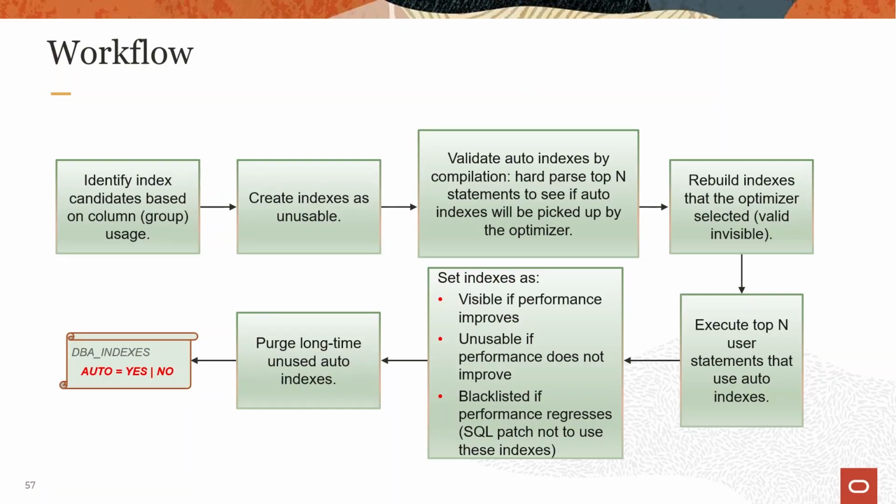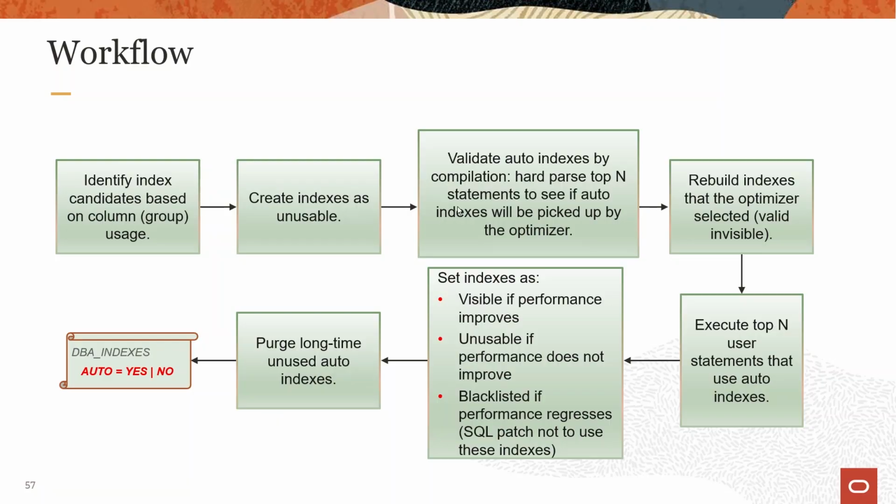It will then create indexes upon those columns that have been considered by the automatic indexing task, but it will create those indexes as unusable. This means that their definition exists, but it doesn't consume any storage space.